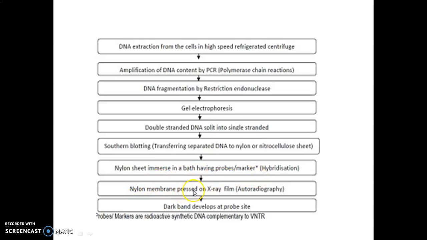Then the nylon membrane is pressed on X-ray film, that is autoradiography. Then dark bands develop at the probe site, so we can easily identify the victim in the case of murder and all, and also in issues related to paternity. It is a good remedy, that is DNA fingerprinting.